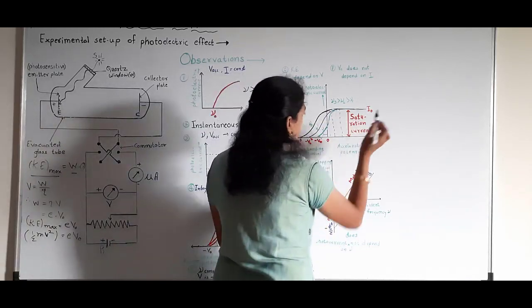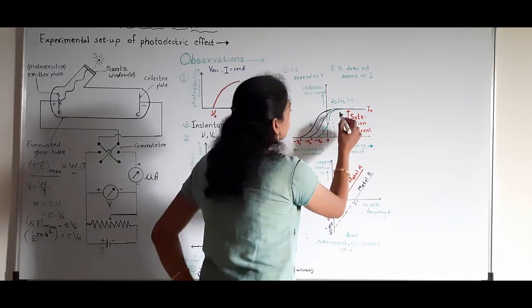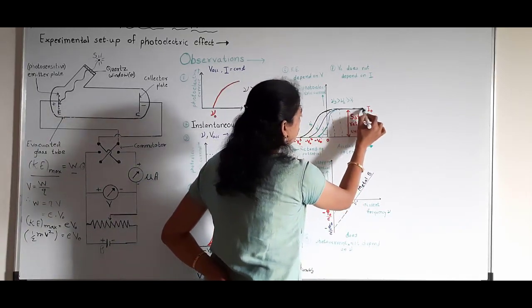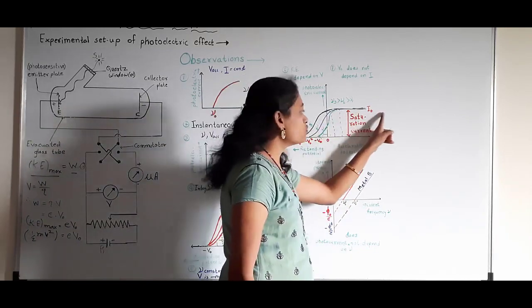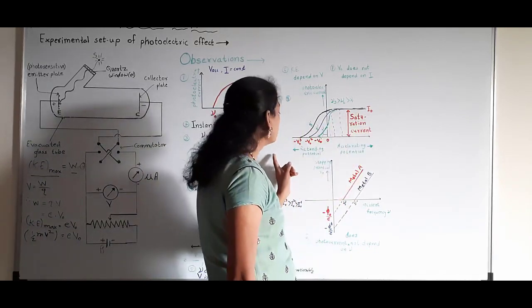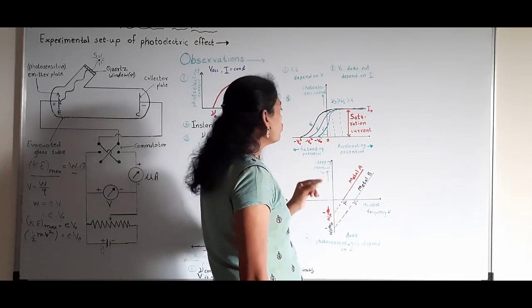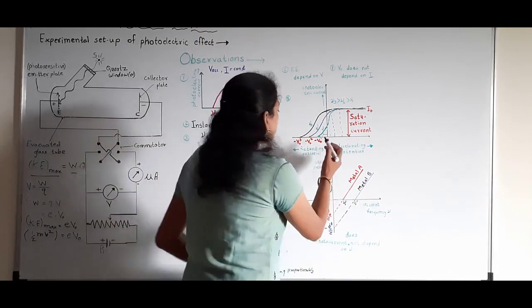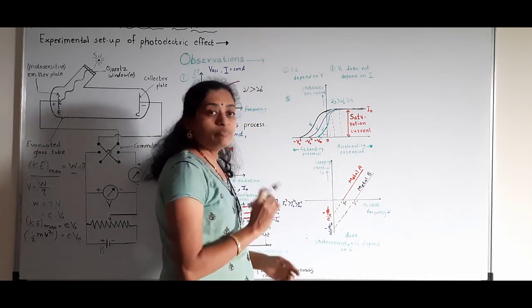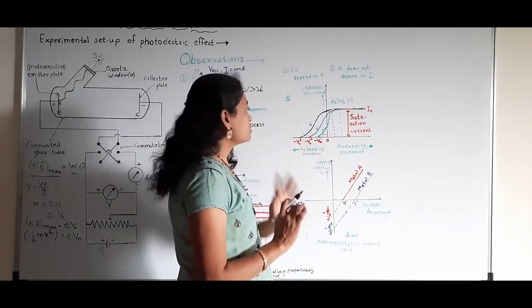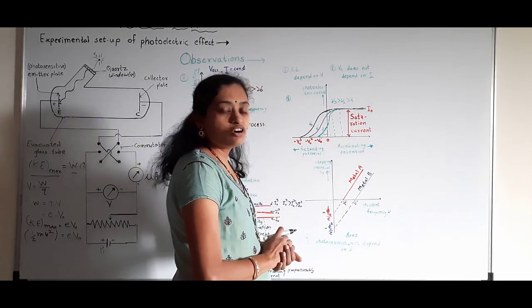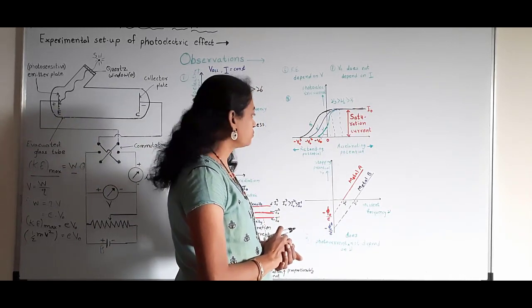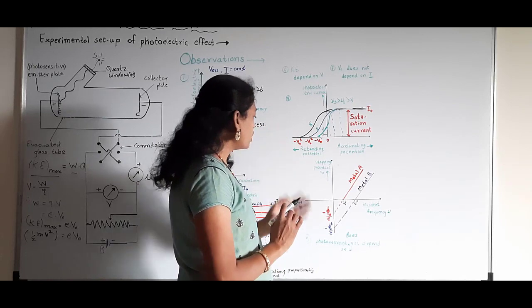Again the graph is the same, and we get the same saturation current for the different frequency. From this, we can conclude that the stopping potential depends on the frequency, and it does not depend upon the intensity of the incident radiation. Okay, this is our F point.